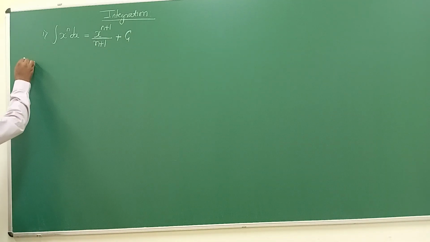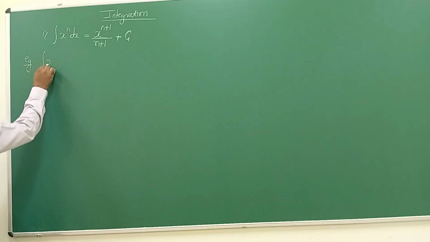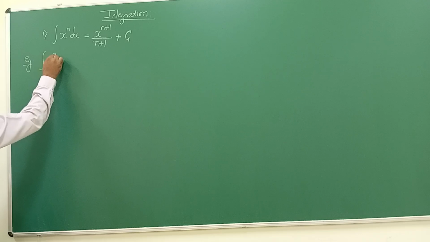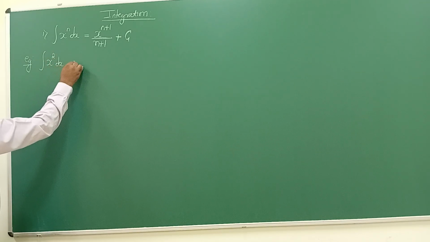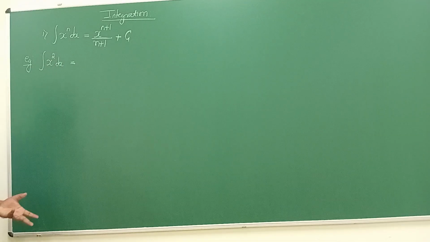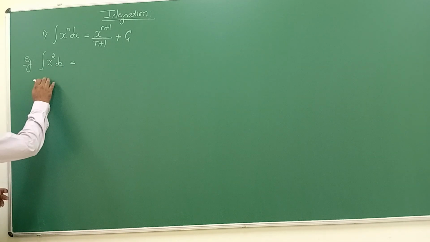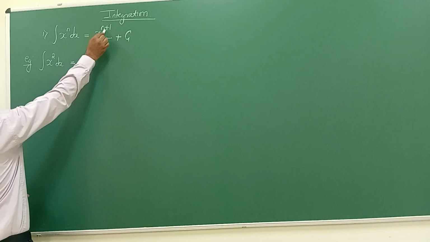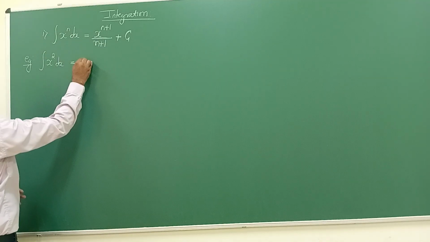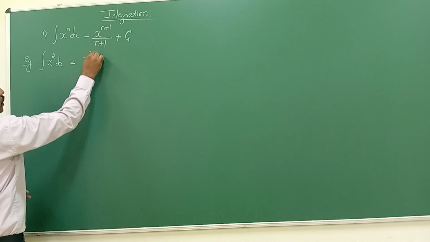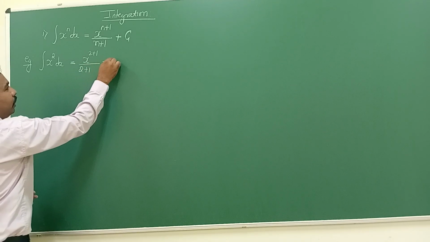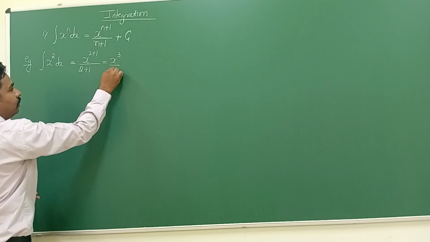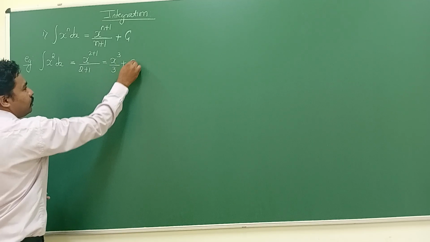For example, how to integrate x power 2, that is x square. The integration of x square as per the formula, where n value is 2, becomes x power 2 plus 1 divided by 2 plus 1, that is x cube by 3 plus c.